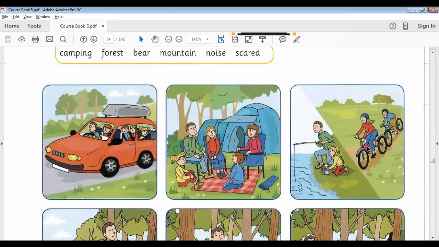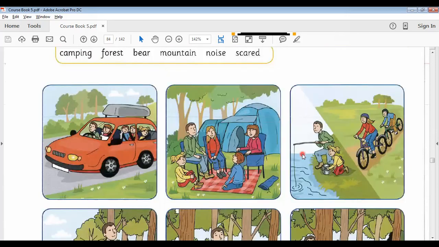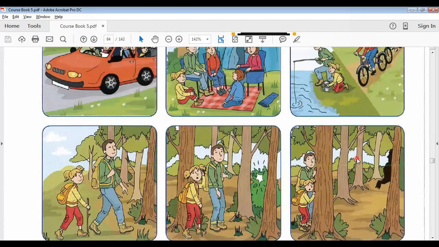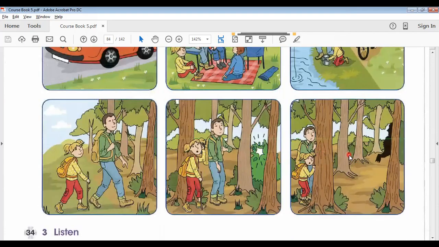Then they did some activities like fishing, mountain biking and hiking. During the hiking, they saw something like a bear or an animal from the jungle in the woods, the forest. They were very scared, but they couldn't recognize that animal, because they just heard the noise. They couldn't see it.